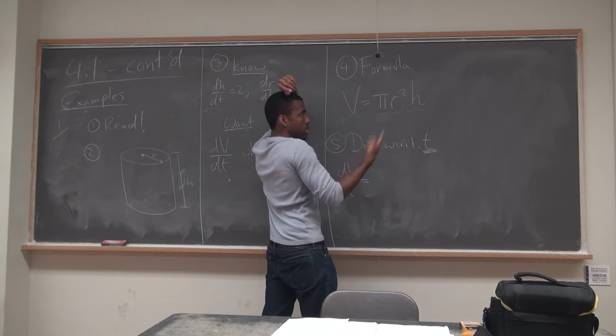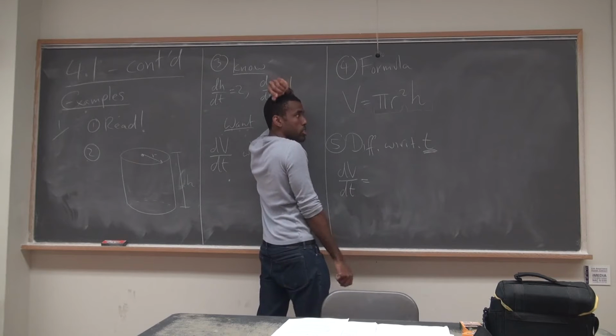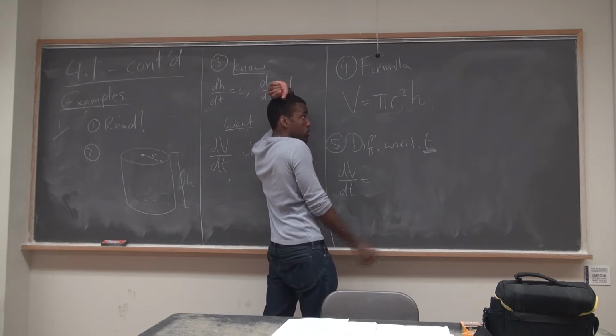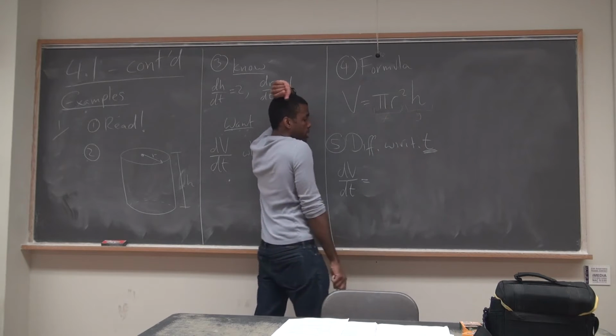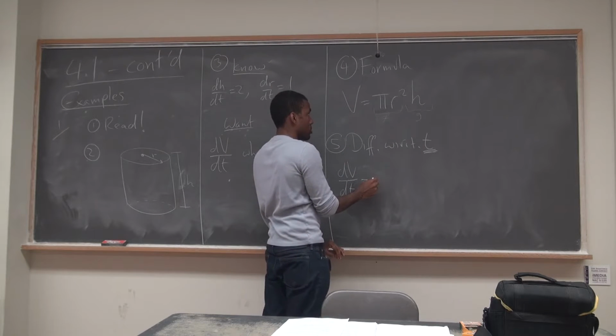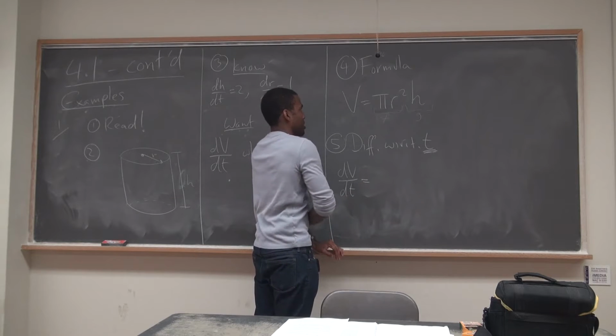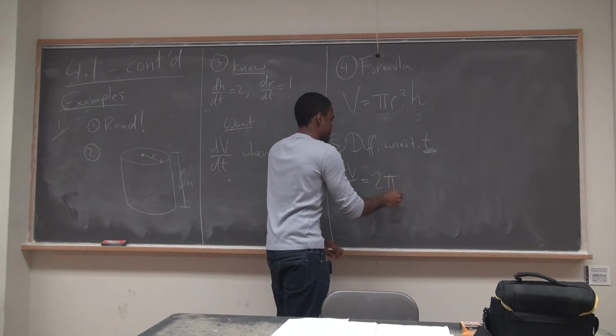So remember, you're always thinking of what rule you need to use to differentiate something. There are two variables here, which means they represent two different functions. They're multiplying each other. We're going to need the product rule, which means we need the two pieces. That's my f, that's my g. So now what's the derivative? 2 pi, yes.